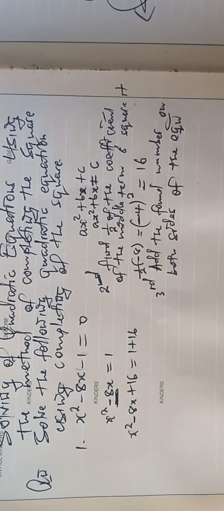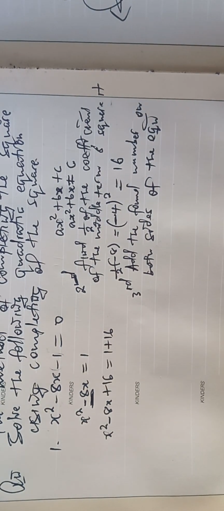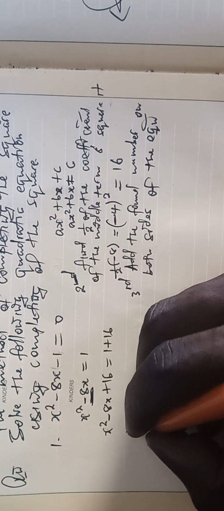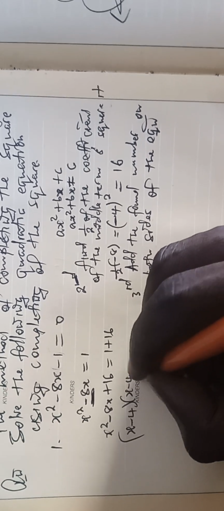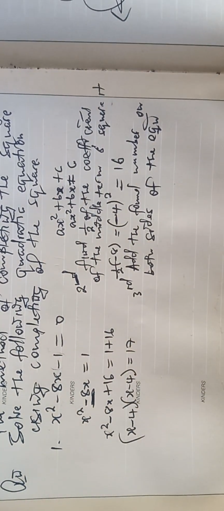If we factorize using the steps that we did in the previous videos on factorization, you are going to find that you are left with x minus 4 times x minus 4 equal to 17. This equation can be factorized.